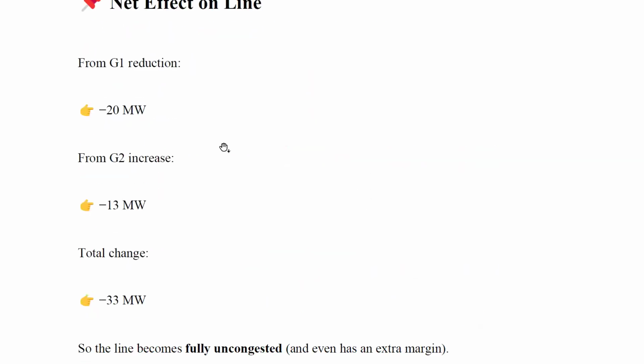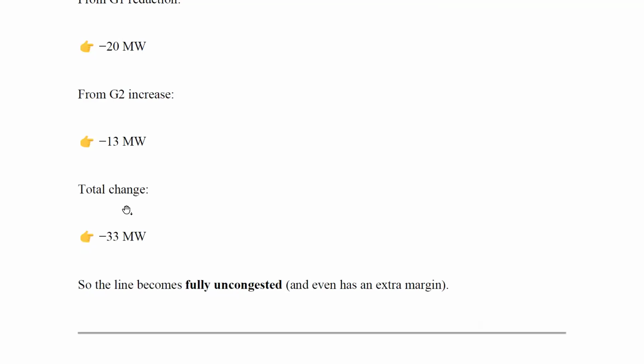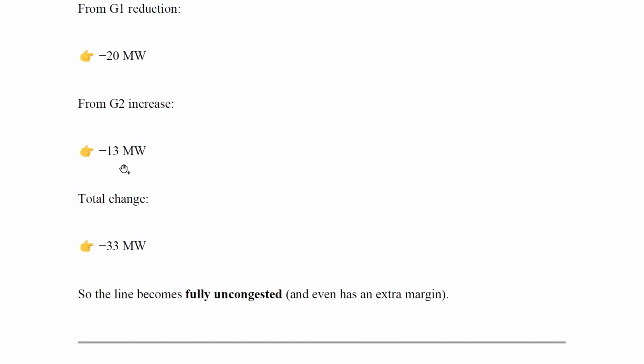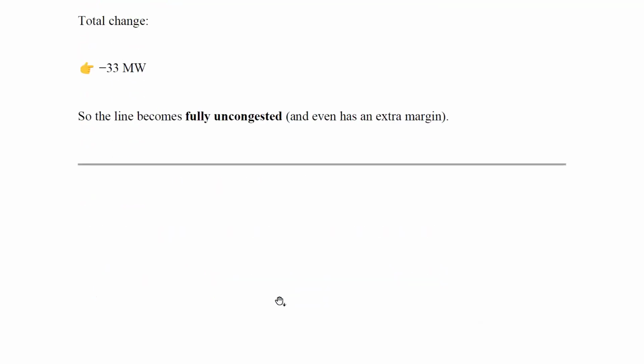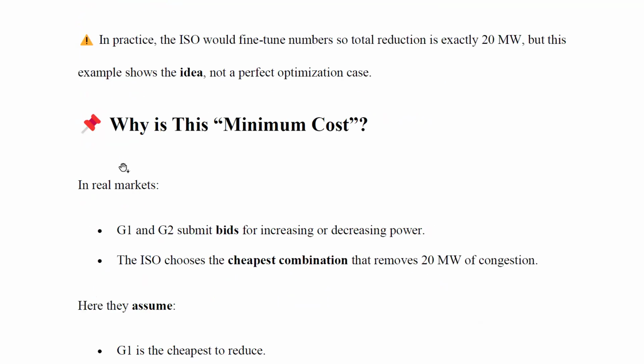So net effect: from generator 1 reduction, you reduce 20 megawatt in the transmission line flow. From generator 2 increase, you get a further minus 13 megawatt. Okay, that is also possible. So total change is minus 33 megawatt, 20 plus 13. So the line becomes fully decongested with some extra margin if we do it like this.